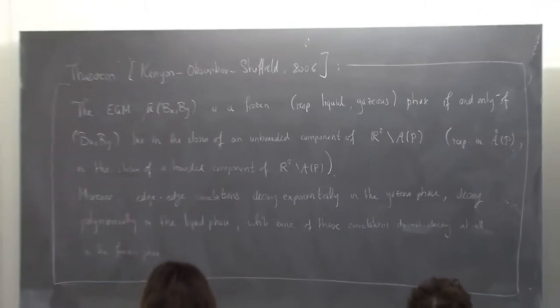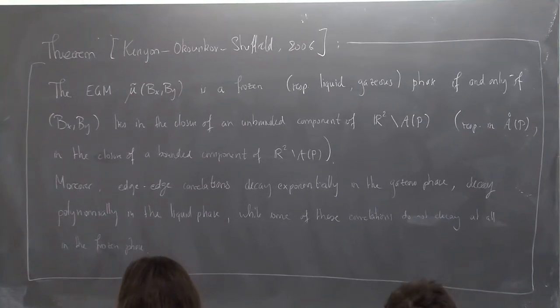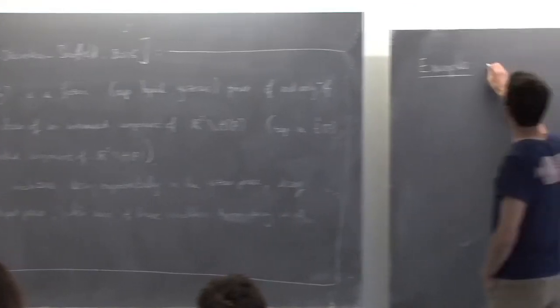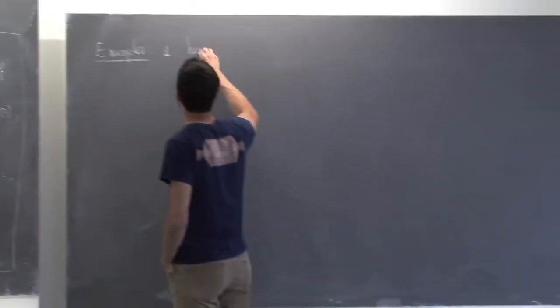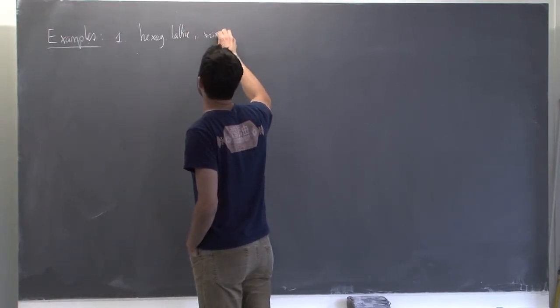So let me give some examples. I always have these running examples, so let us look at them together. Let's consider first the hexagonal lattice with all the weights equal to 1.